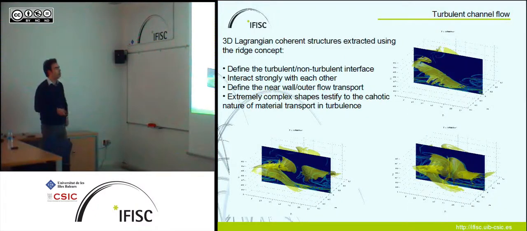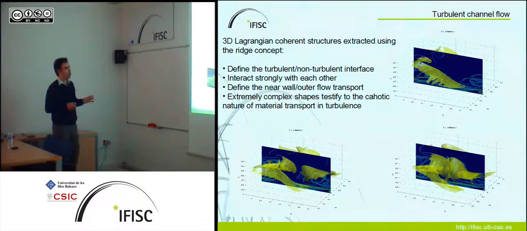Okay, so now we take these 3-dimensional finite-size Lyapunov fields and we extract the ridges. Ridges of 3-dimensional fields are surfaces. I'm sorry the colors perhaps don't show very well, let me explain. The flow is along this direction, the wall is here, you have here the wall normal direction, and in the end you are seeing a spanwise plane.